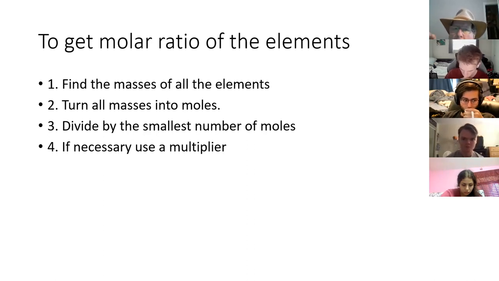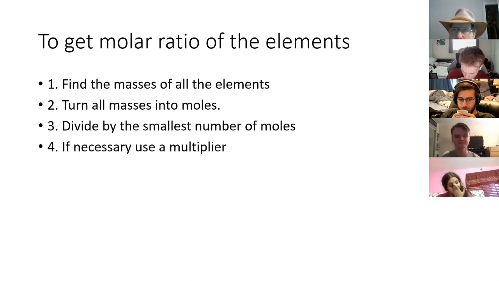If after you do that, you end up with a fraction, use a multiplier to get rid of the fraction. For example, if you have a ratio of 1 to 1.25, you multiply by 2, that becomes 2 to 2.5. You haven't gotten rid of the fraction. You multiply it by 3, that makes 3 to 3.75. You still haven't gotten rid of the fraction.